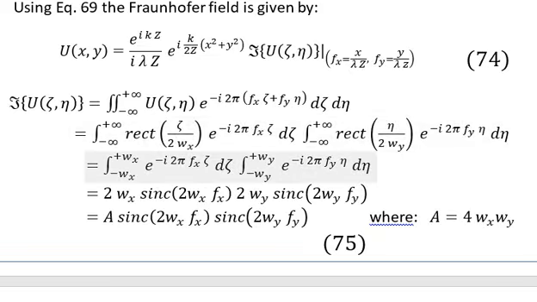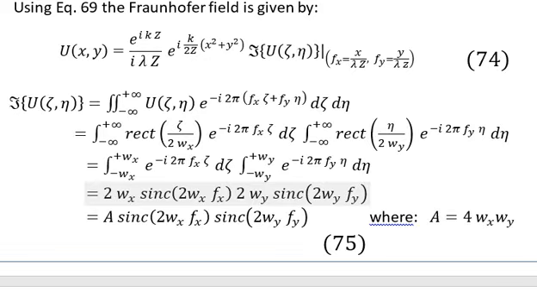And if you take the integral of these quantities, from the first integral we have 2 times wx multiplied by sinc of 2wx into fx, and the second integral will give you 2 times wy multiplied by the sinc of 2wy into fy.